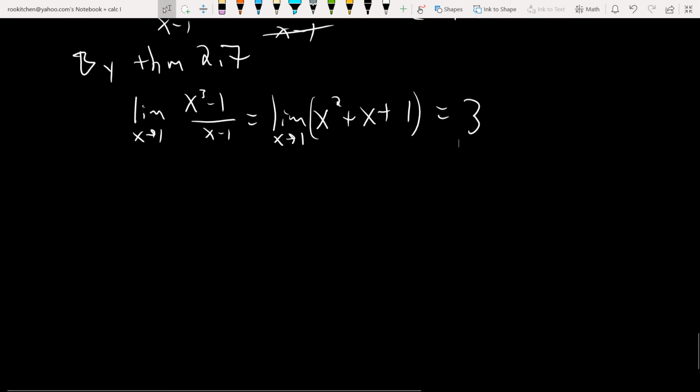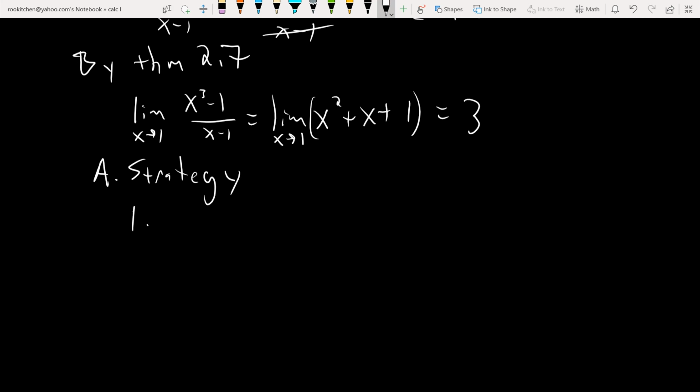Okay, so what's going on here? What's the strategy? How do we approach these problems, right? So strategy: first always try a sub, right? Try to plug in the number we're approaching. If that doesn't work, then try to use some tricky algebra like I just did with the simplification.